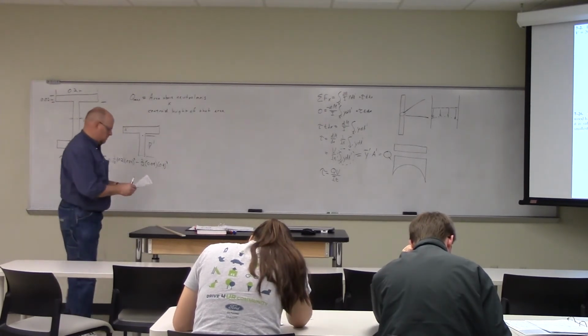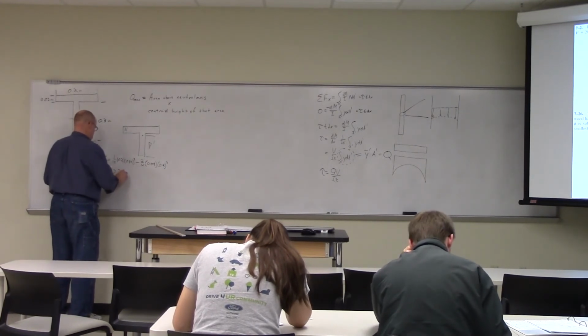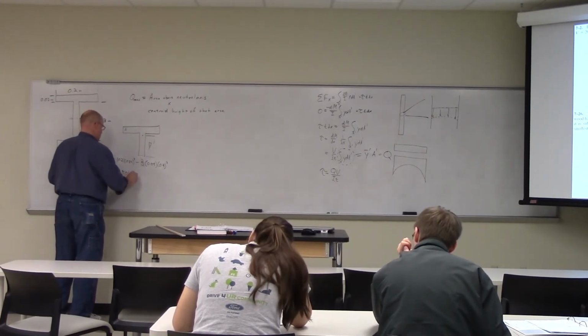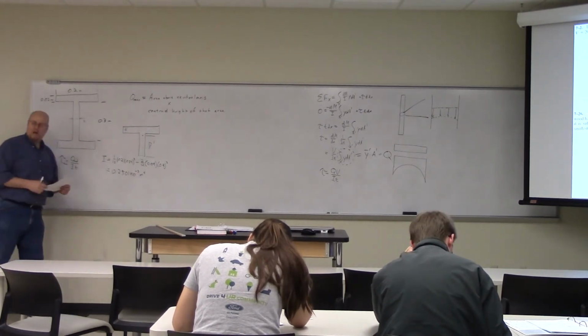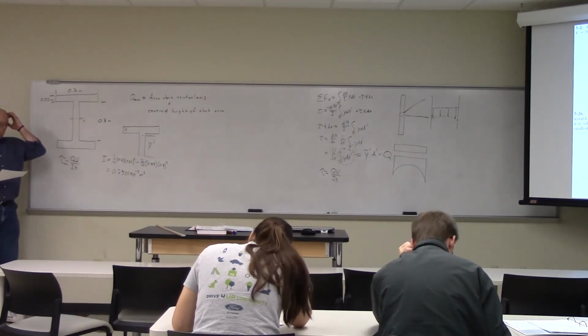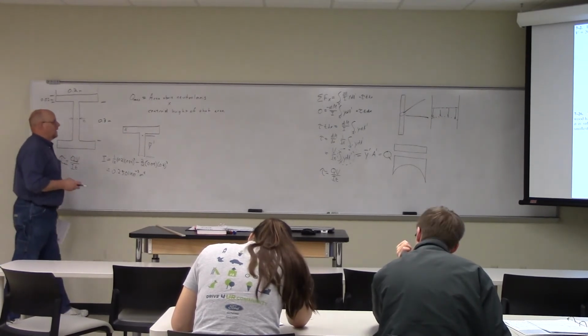And 0.2501 times 10 to the minus third meters to the fourth is what I is. Okay, so that's I. Now we're going to find Q.